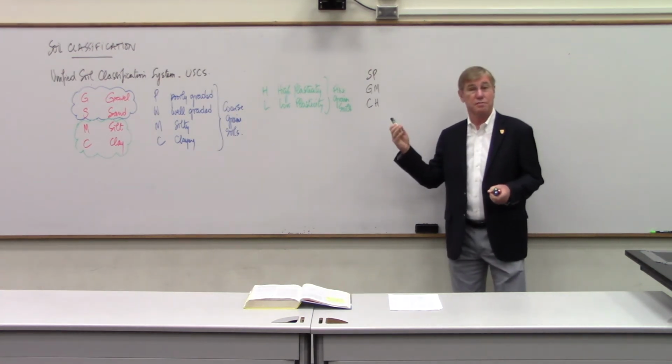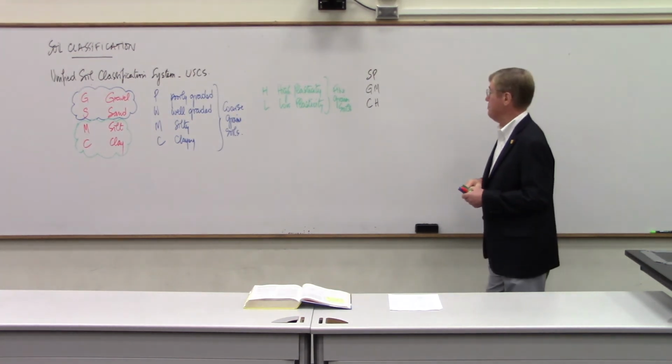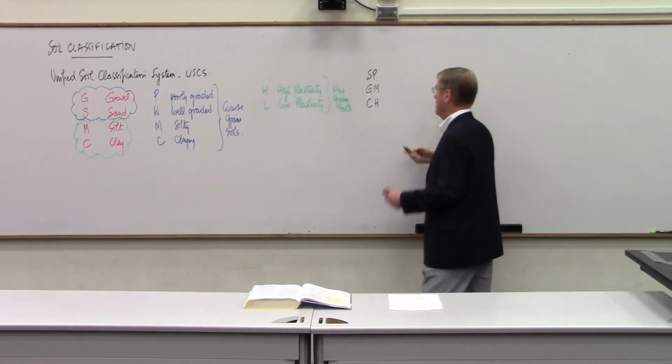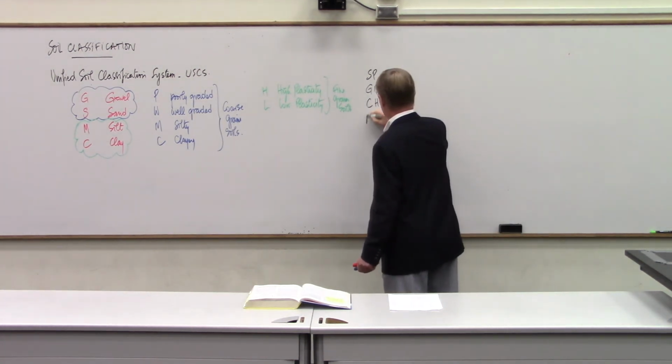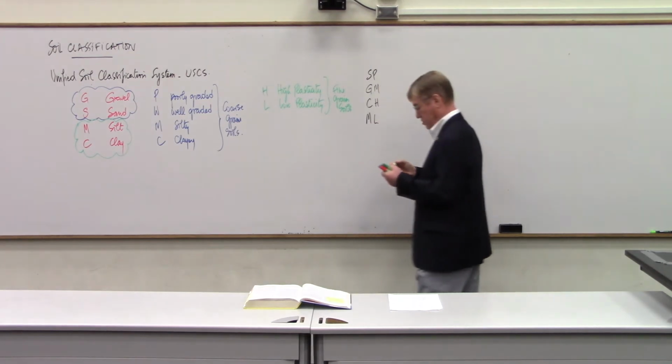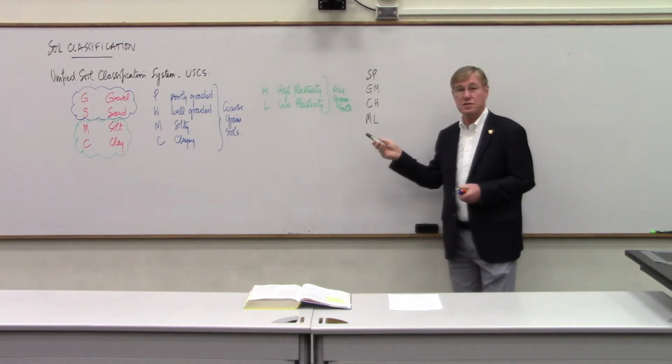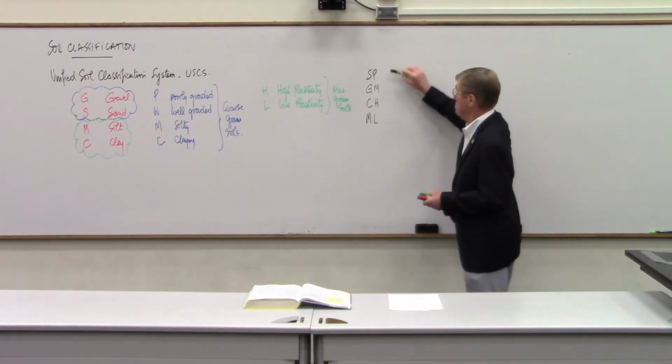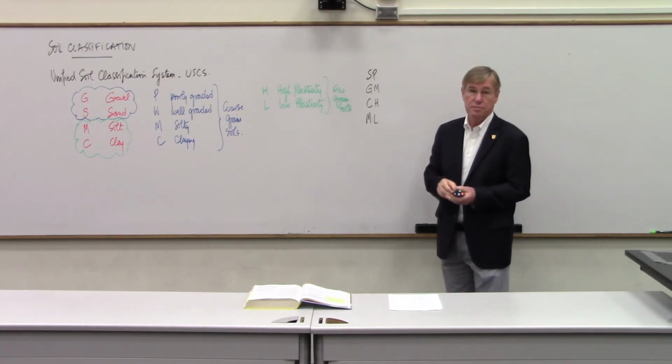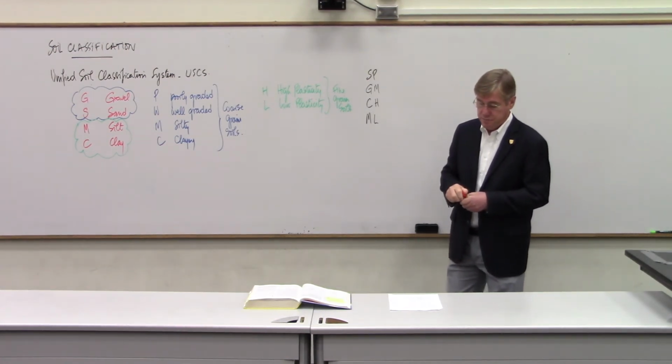Montmorillonite, for example, would very likely be a CH. And you could have maybe ML, which would be a low plasticity silt. So this is the typical outcome of a classification.